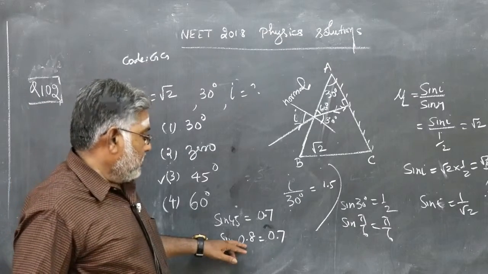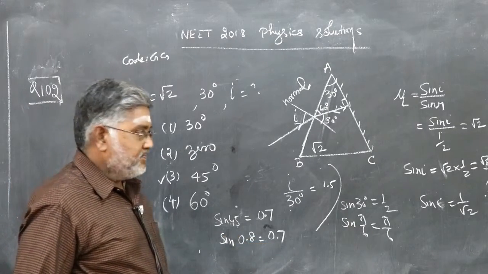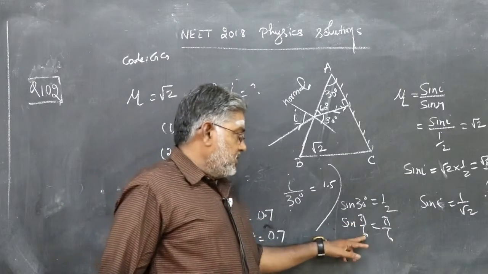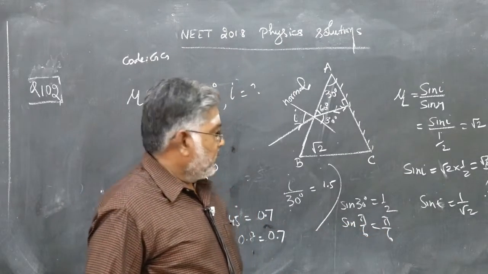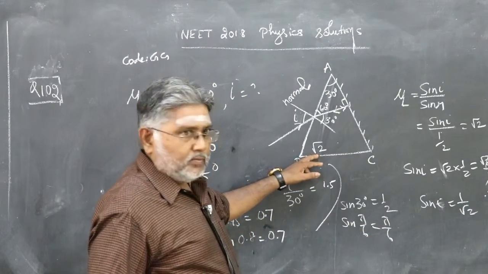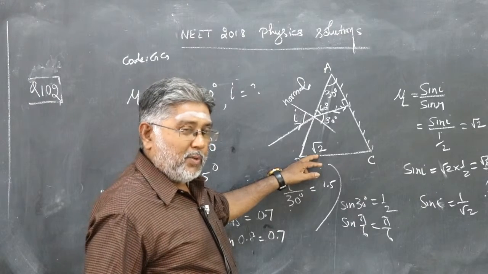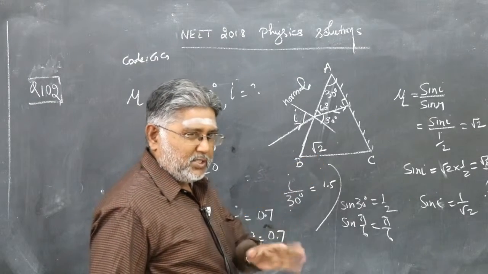So sin 0.8 radian is 0.7. Sin pi by 6 radian is pi by 6. So this root 2, you take it as 1.5 instead of 1.414.